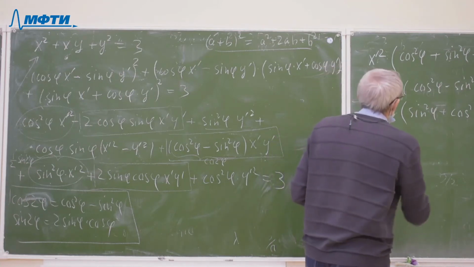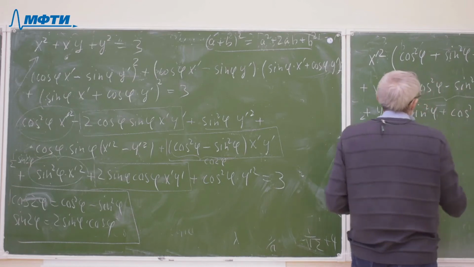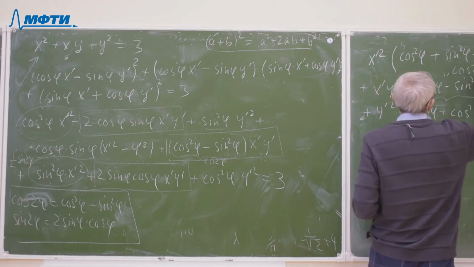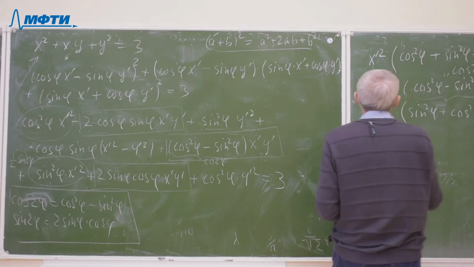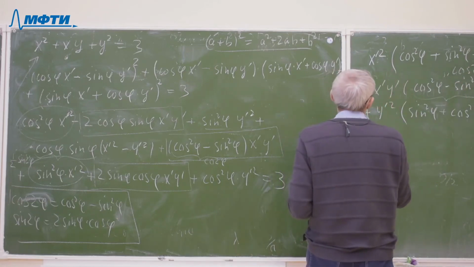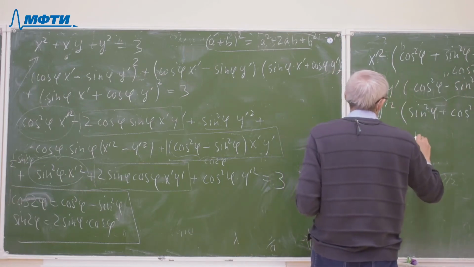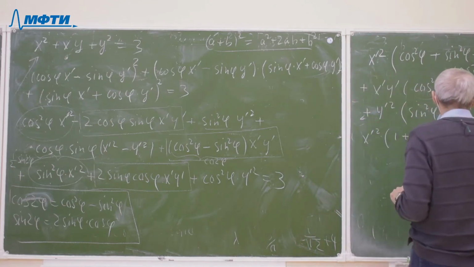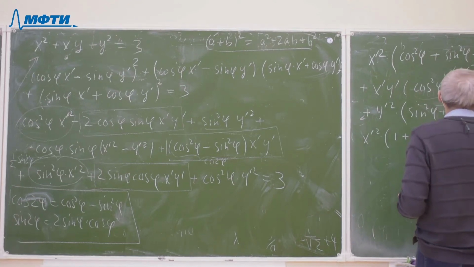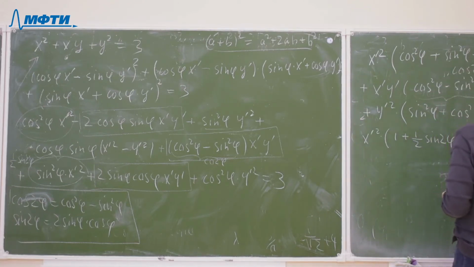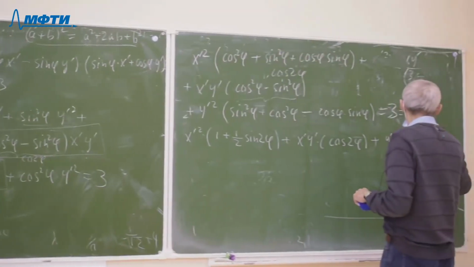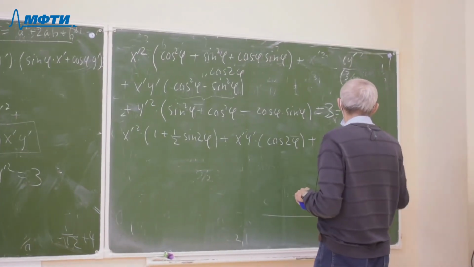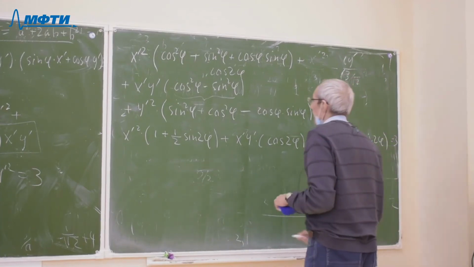Let's rewrite this expression as cosine 2 phi, this expression, and this expression is equal to 3.